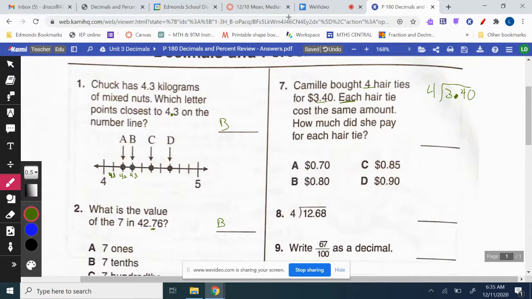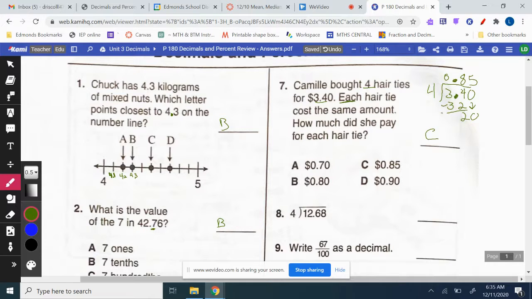Now when we do this, we just carry our decimal straight up. 4 can't go into 3, but can go into 34 8 times. 8 times 4 is 32. Subtract, I get 2 left over, bring down my 0. 4 goes into 20 5 times. She spent 85 cents, so C.